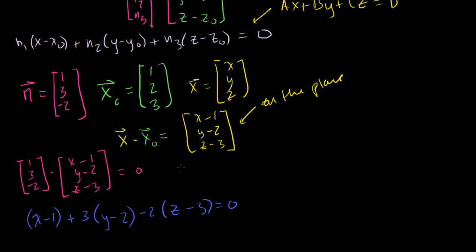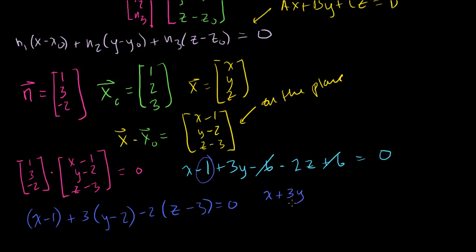I get x minus 1 plus 3y minus 6 minus 2z plus 6 is equal to 0. And minus 6 and plus 6 cancel out. And then I can add 1 to both sides. And I get x plus 3y minus 2z is equal to 1. And there you have it.